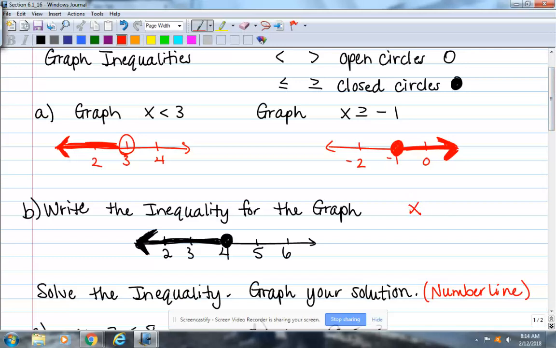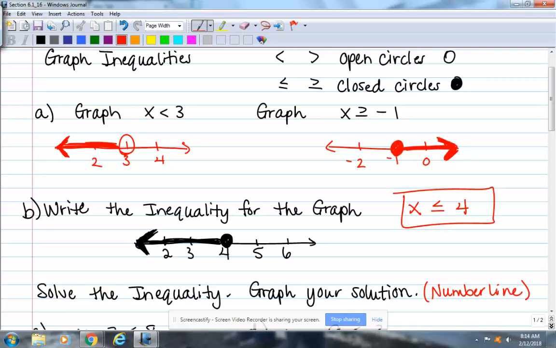And what's the boundary number? 4. And what symbol do you think goes in between? Less than or equal to. Why is it or equal to? Because the 4 is included. It's closed in. So that means it has to be equal to. It's going to the left, so that needs to be less than. So is everybody okay with why this one is x is less than or equal to 4?